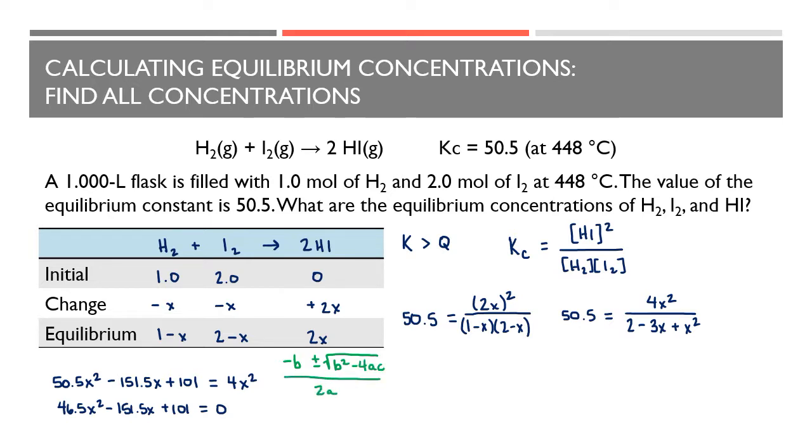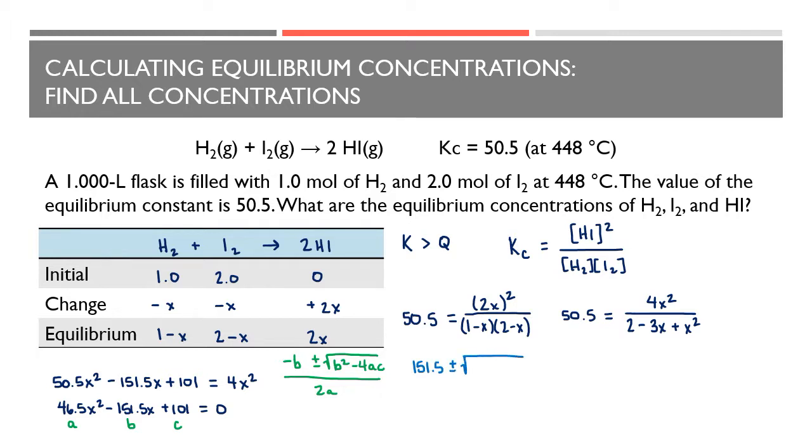So remember that quadratic formula that you maybe used in algebra class. x equals negative b plus or minus the square root of b squared minus 4ac, over 2a. I'm assigning my a, b, and c values so that I can plug those into this awful formula and find my x values. So a lot of math here.